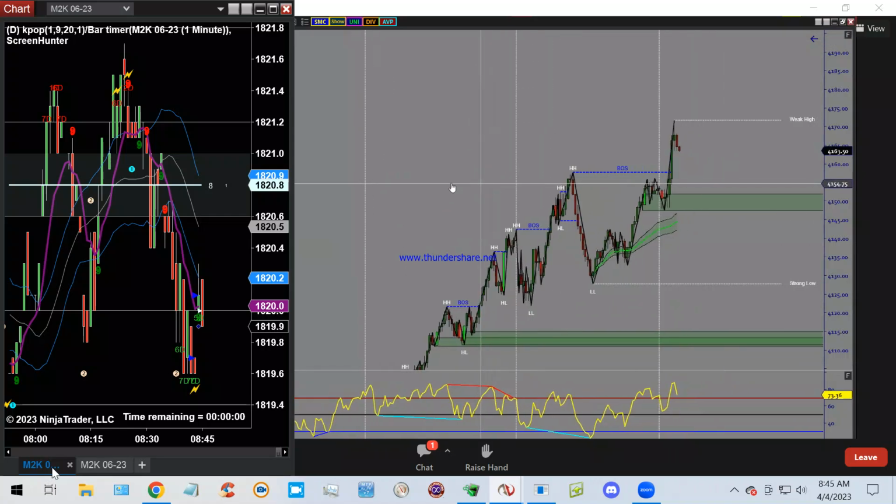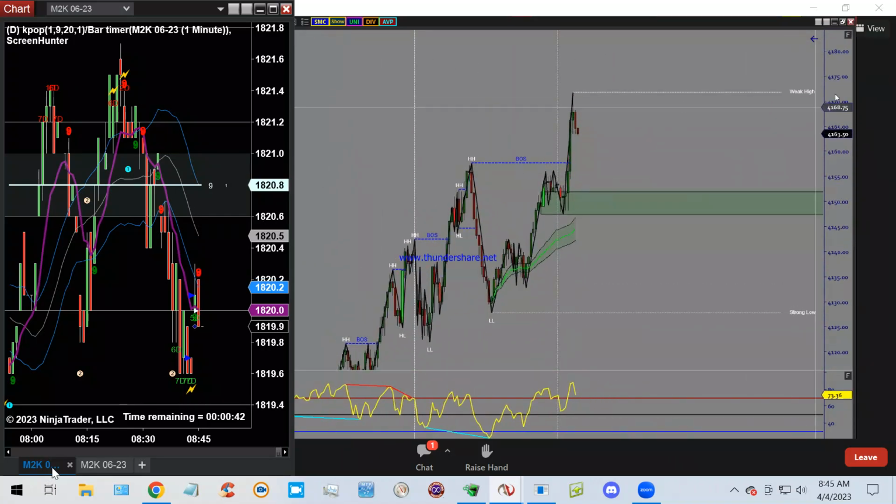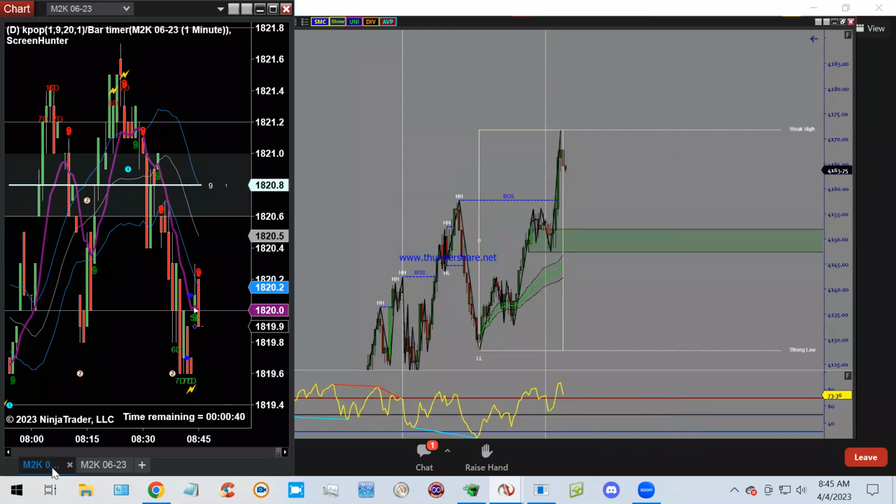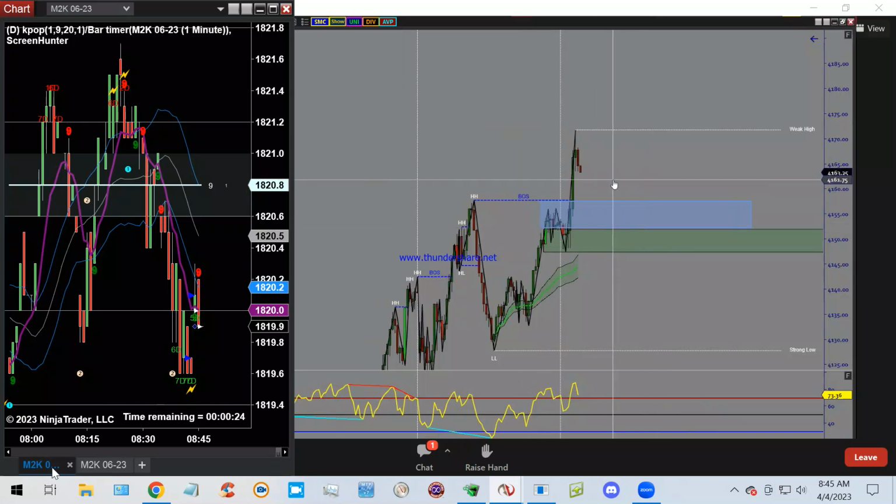Same thing for the ES. Uptrend. Broken resistance will turn into support, right around that uni zones order block, a little bit before it.